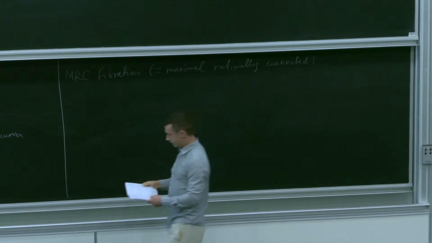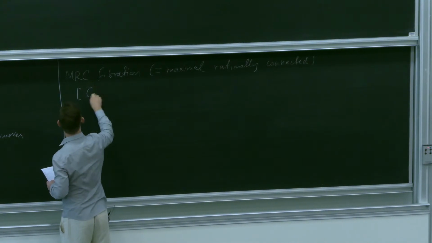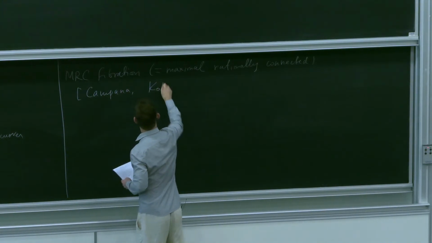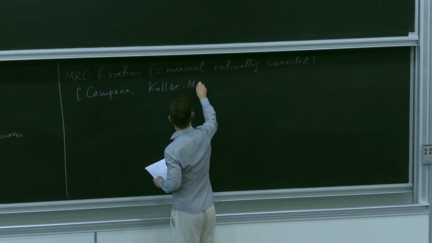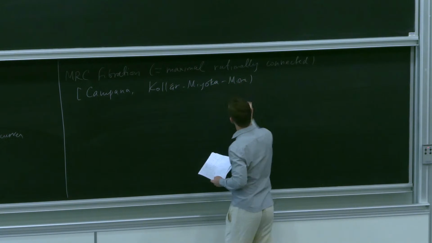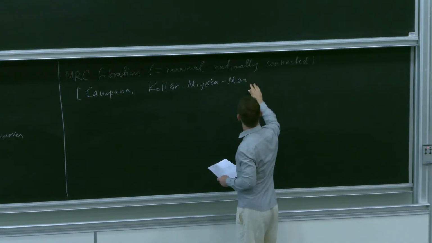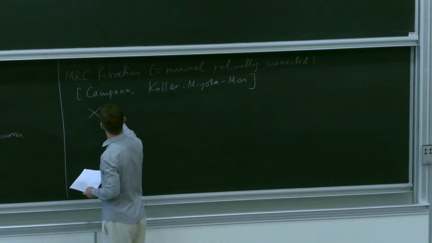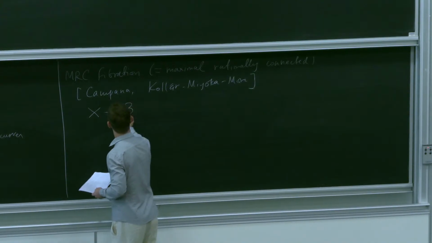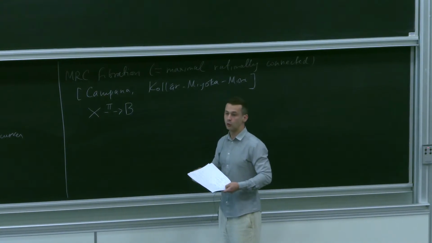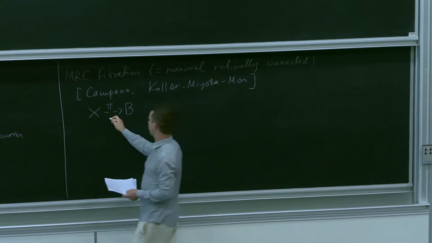So constructed by Campana and Kollár–Miyaoka–Mori. It tells you that if you have any variety, you can find a rational dominant map with a property, as I'm saying.